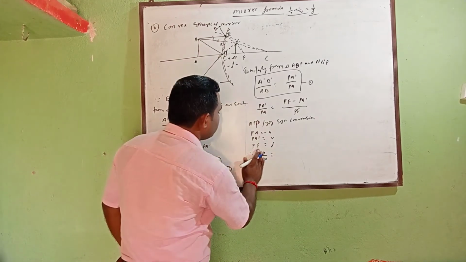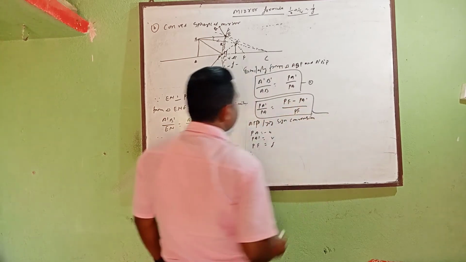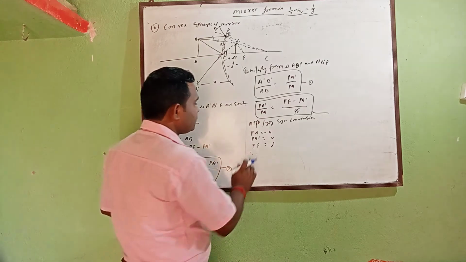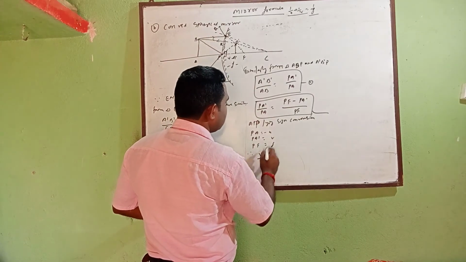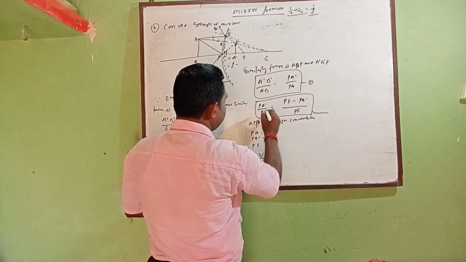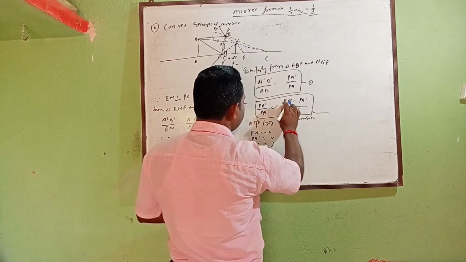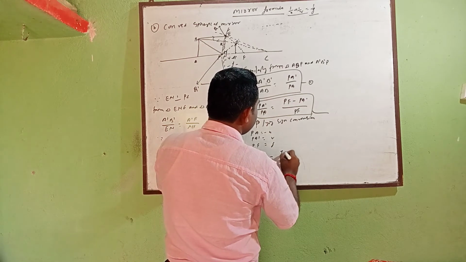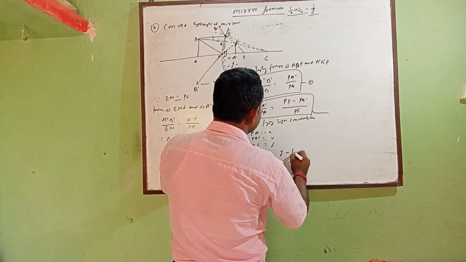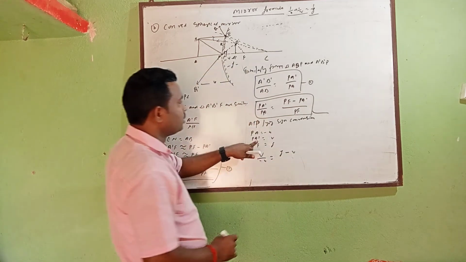Here put this in the equation. In this equation, at the place of PA dash put V, and at the place of PA, this is PA equal to minus U. Equal to PF, that is F, minus PA dash, that is V here.